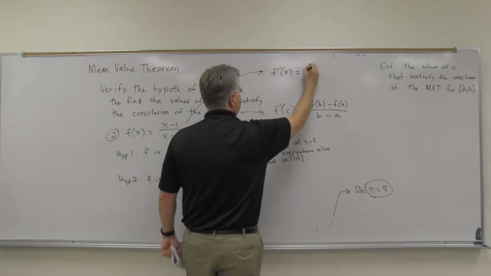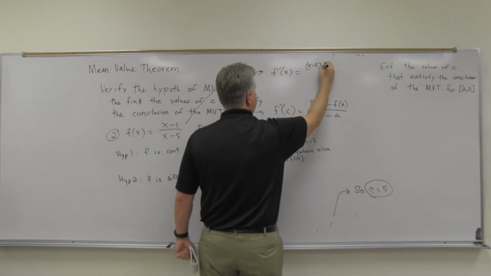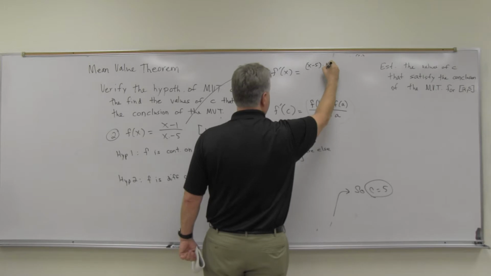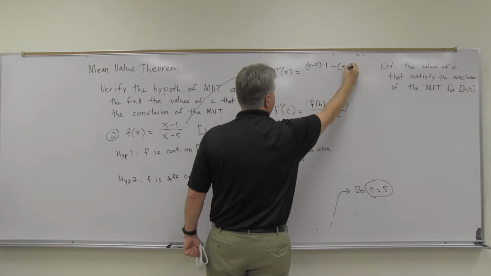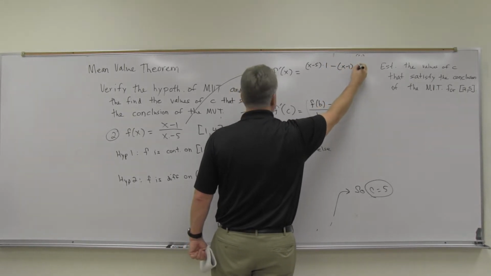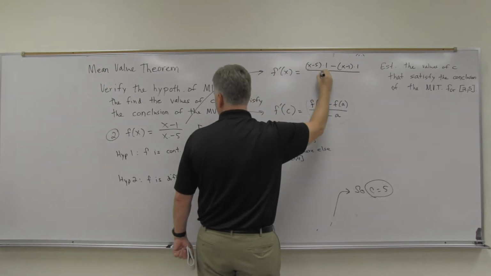So the derivative is, by the quotient rule, x minus 5 times 1, the derivative of the high, minus x minus 1 times the derivative of the low, which is 1, over low squared.